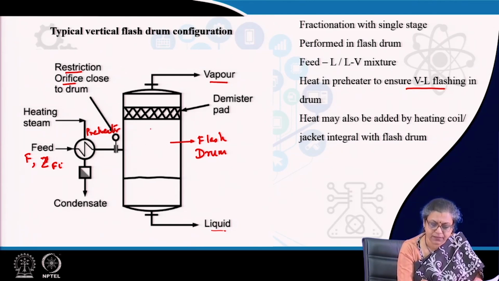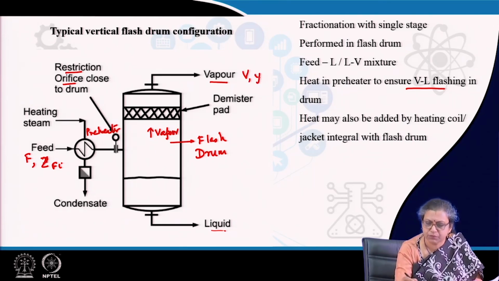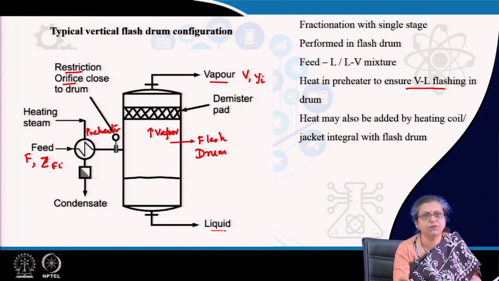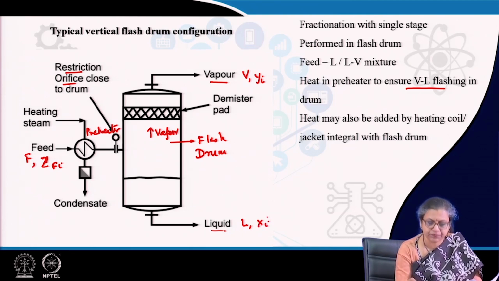Once it happens, the vapor rises. The vapor flow rate is V, and usually these are multi-component mixtures, so the composition of each component is denoted by y_i. The liquid is drawn off at flow rate L, and the composition is given by x_i.